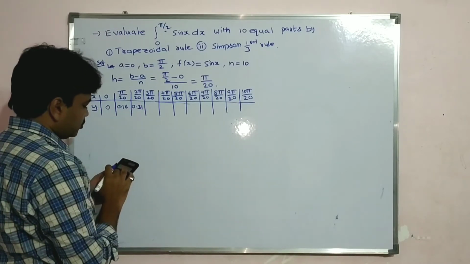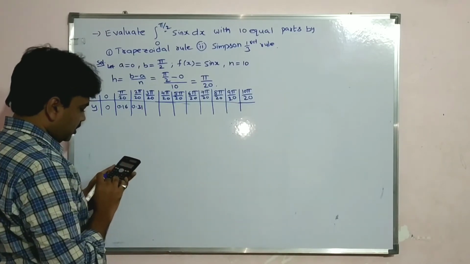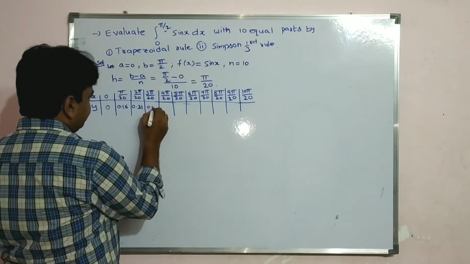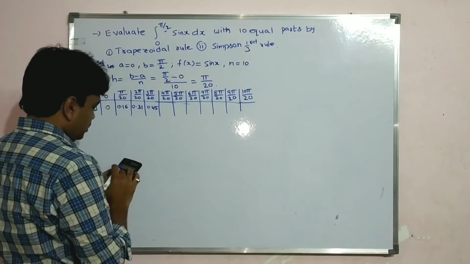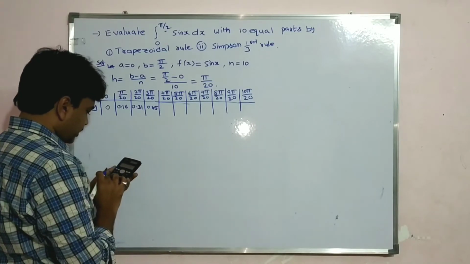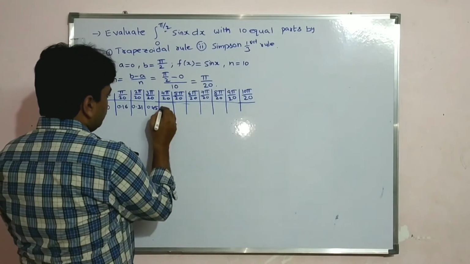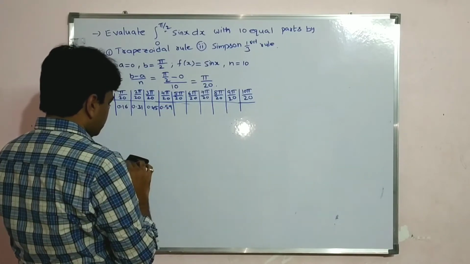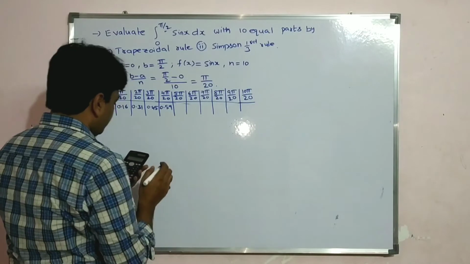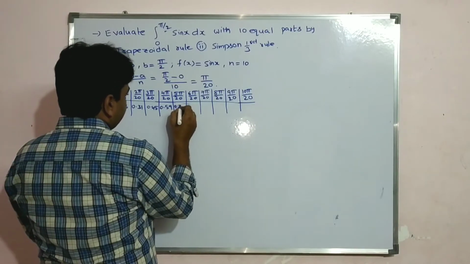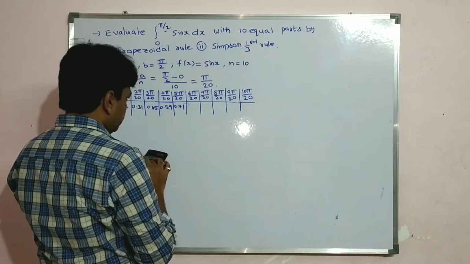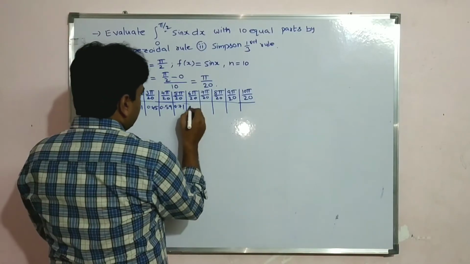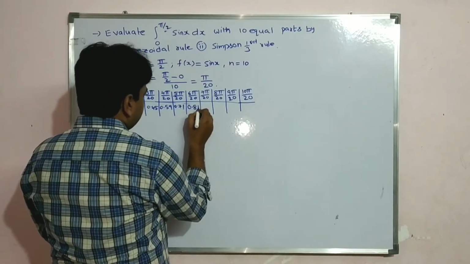So 3 pi by 20, students. We write 3 in place of 2, and we get 0.45. And you write 4 in place of 3: 0.59. You write 5, 5 pi by 20: 0.71. You write 6: 0.81.